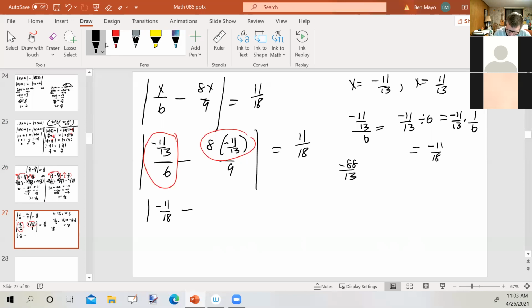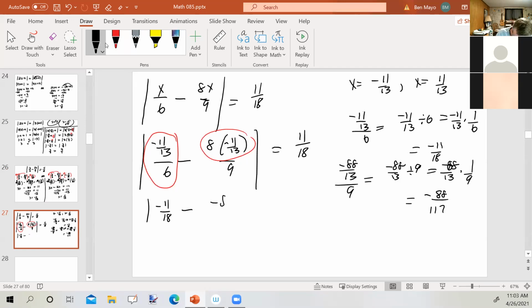Negative 88 over 13 divided by 9 is negative 88 over 13 times 1/9, which would be negative 88 over, let's see, 90 and 27 would be 117.